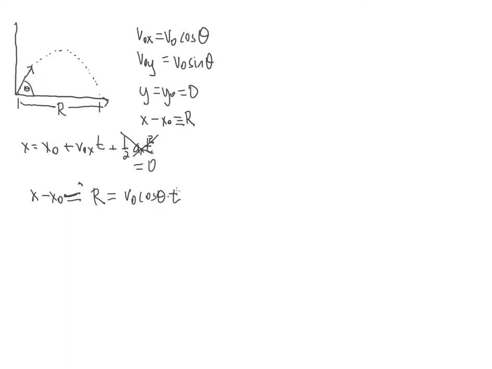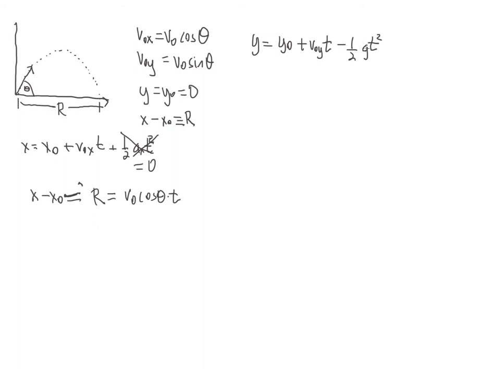Now, our general strategy in our projectile motion problems is always going to be then to use the y component to get rid of this pesky t variable. So I'm going to write down y is equal to y naught plus v naught y times t, and in projectile motion I'm going to go ahead and say that the vertical component of the acceleration is going to be g downward.